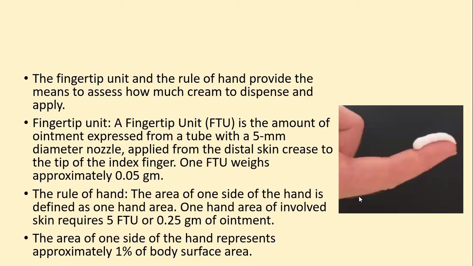The fingertip unit and rule of hand provide the means to decide how much cream is to be dispensed to the patient. A fingertip unit is the amount of ointment expressed from a tube with a 5 millimeter diameter nozzle, which is the nozzle of most steroid creams and ointments, applied from the distal skin crease, as you can see in the picture, to the tip of the index finger.